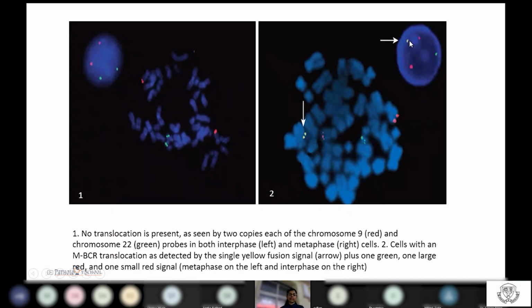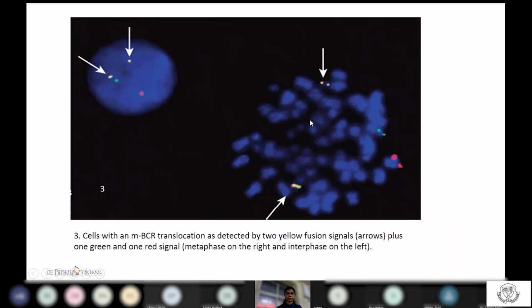Why it gives a yellow color is basically red and green are primary colors. When you mix them, you get a yellow color. But now we have a fancy word for it, which is known as co-localization, in which two images merge and give you this yellow color. You can see this is the Philadelphia chromosome, which is one yellow you see in your major breakpoint.